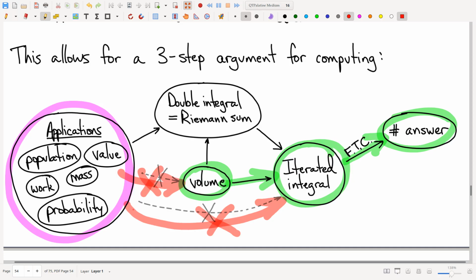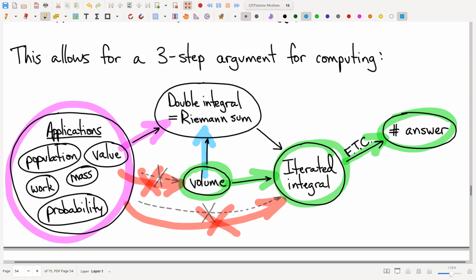So the big payoff of the idea of a double integral is this. First of all, I can write lots of different things as double integrals. We're going to see several of them over the next few days. Mass will be our first one coming up real soon. And we just got through arguing that volume can be computed with a double integral.